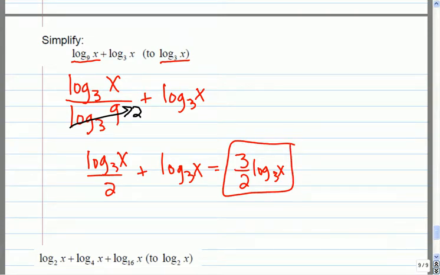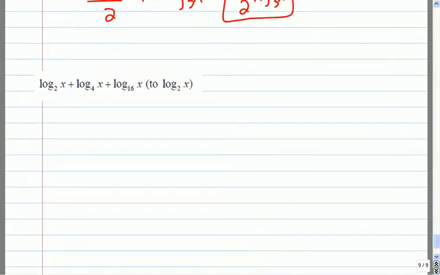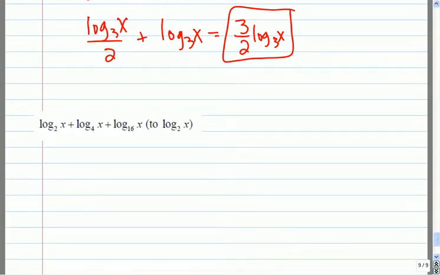I'm going to get you to try the same process. On this one, for log base 2, 4, and 16, change them all to log base 2.